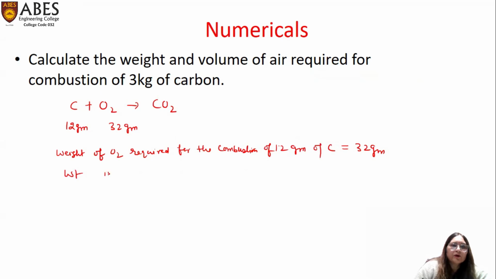Weight of oxygen required for the combustion of 1 gram of carbon is 32 divided by 12.